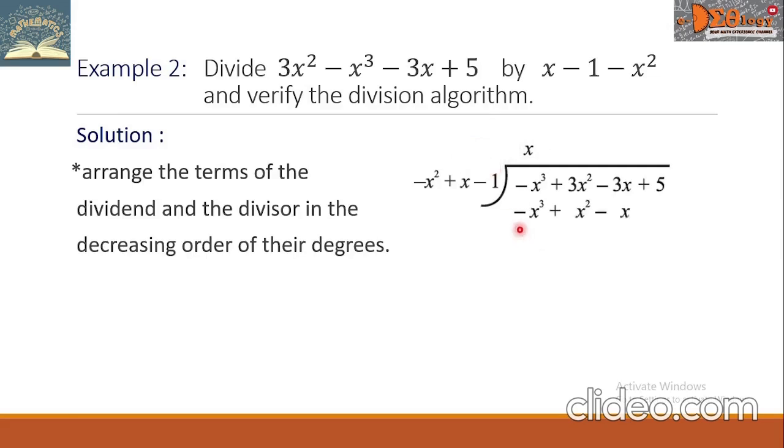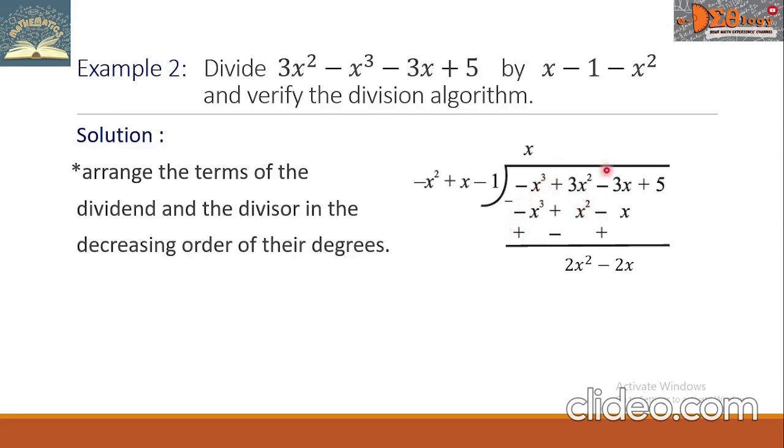The answer is negative x cubed plus x squared minus x. Then we subtract. We change the signs of the terms of the subtrahend. The negative becomes positive, the positive becomes negative, the negative becomes positive. Then we add. Negative x cubed plus positive x cubed cancels out.